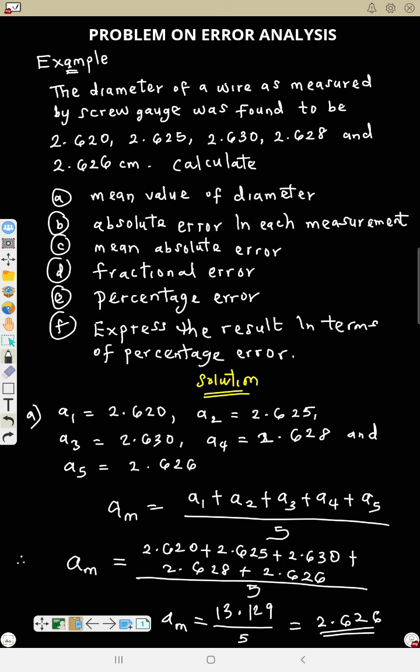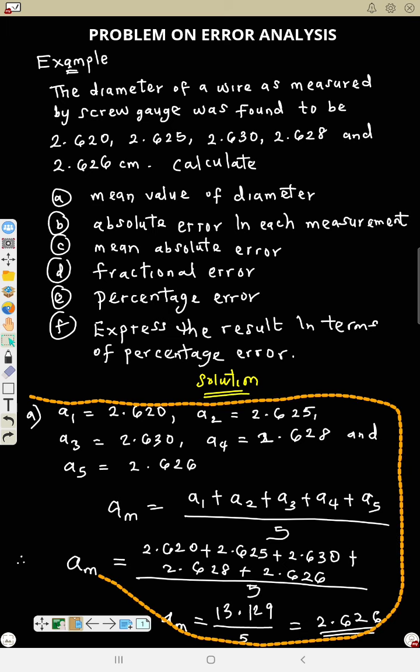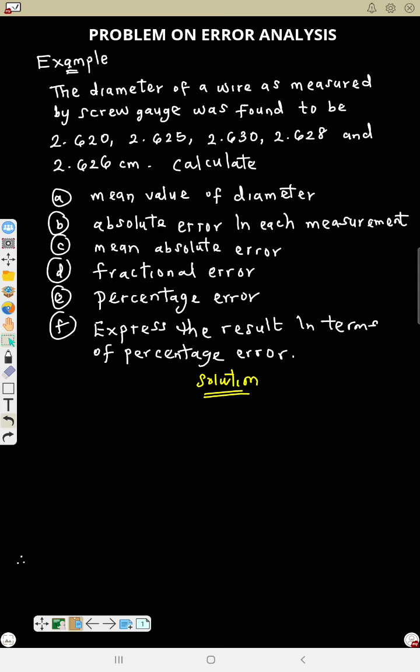Now let's see the second one. Absolute error in each measurement. You can jot this. So let's clean the canvas. We have discussed the absolute error.